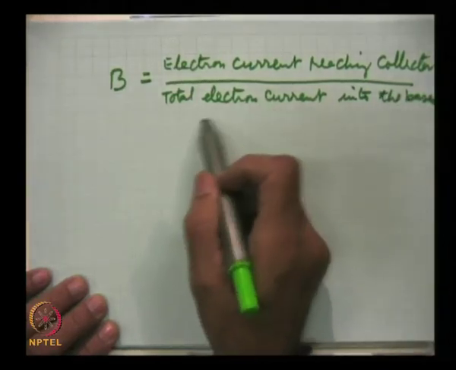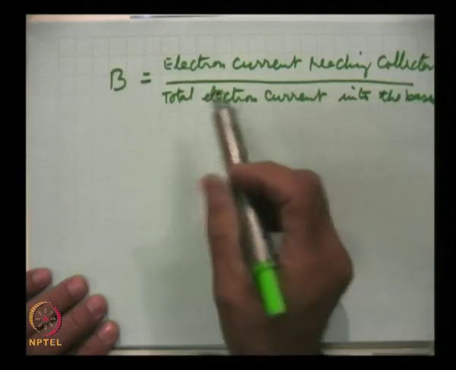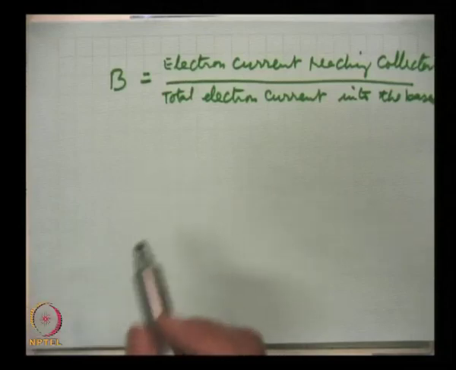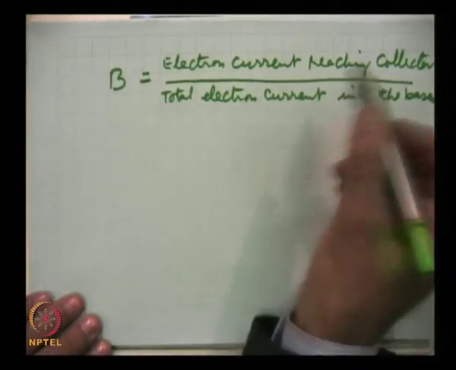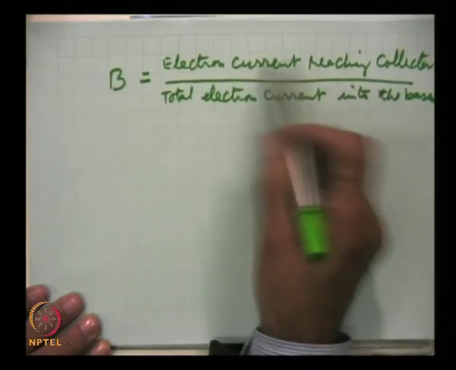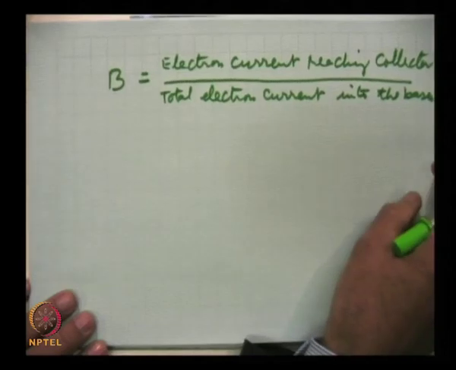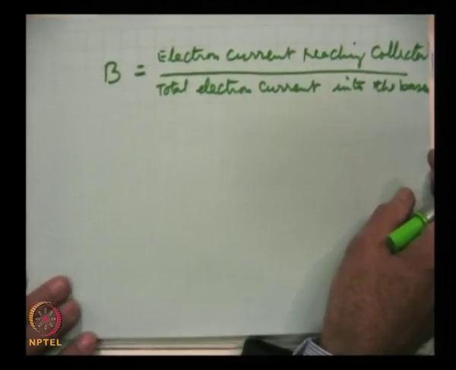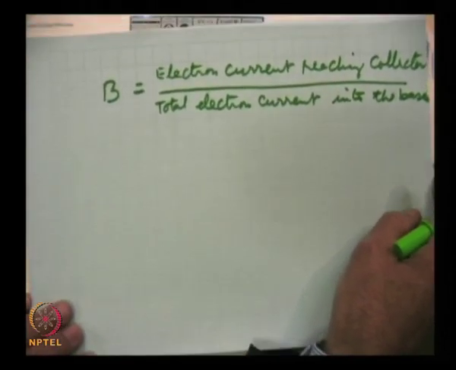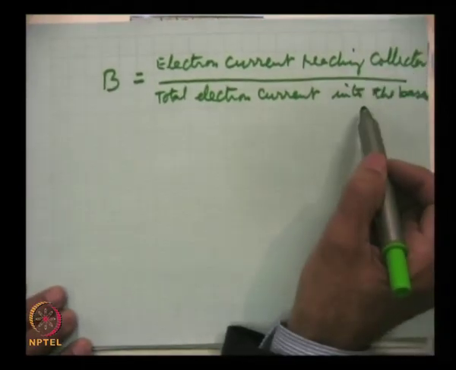That means the total electron current injected into the base, and this beta, obviously, because of this, is reaching the collector. This number is slightly smaller because there will be recombination.